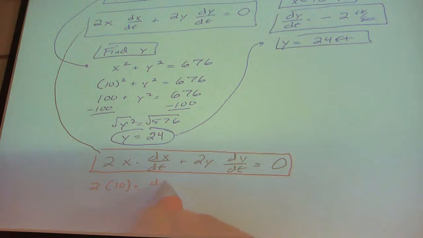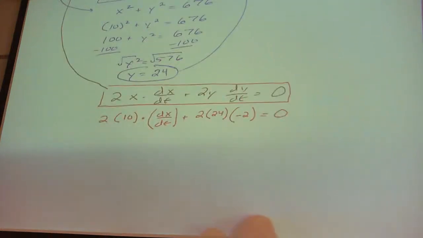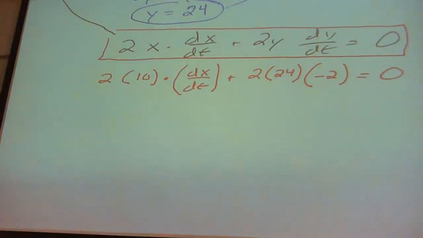I don't know dx over dt, which is what I'm trying to find. I know y is now 24. I know dy over dt is negative 2. And then what's your job at this point? We need to solve for dx over dt. So let me give you a minute to write all that down.